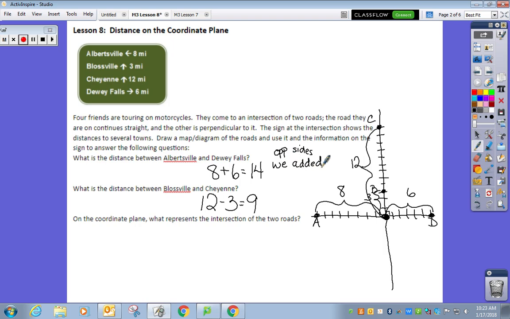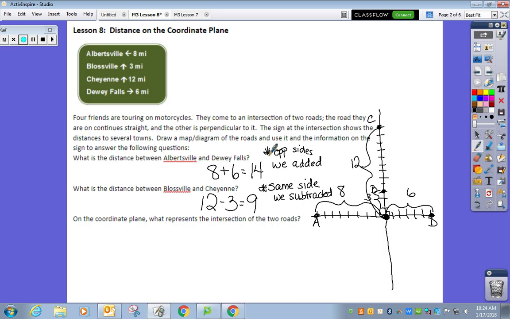Okay, and then for Blossville and Cheyenne, they were on the same side of me. So they were both in front of me on the same side. So on the same side, we subtracted. And that's going to come into play, both of these, when we look at the coordinate plane as well.